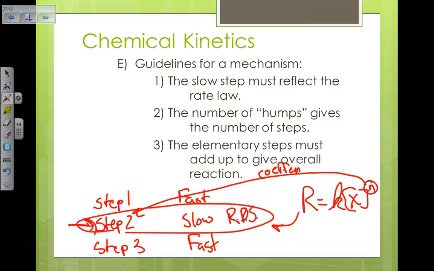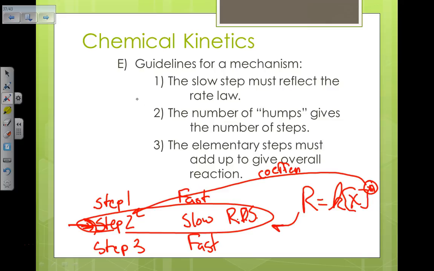Up until this point, we've never once used the coefficients to determine what the rate law was. We've always had to use the method of initial rates, or some other means. Now we can use the mechanism to determine the rate law and determine if it's first order, second order, whatever.